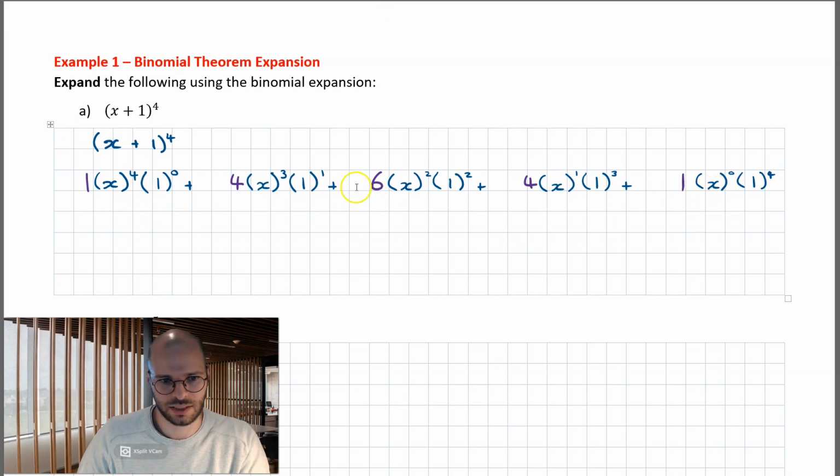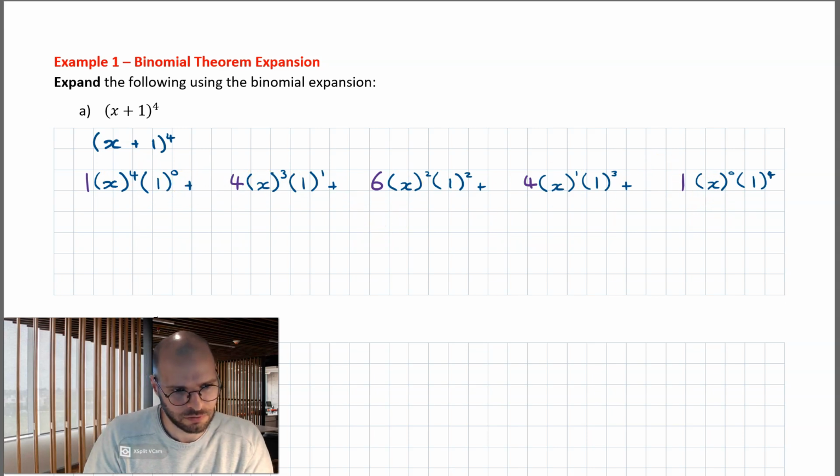All we need to do is actually multiply out the numbers that we have here. So in this case, I'll first deal with the powers. The 1s can go because they're implied, and this will be x to the 4, and then 1 to the 0 is simply 1, so that will stay like that.